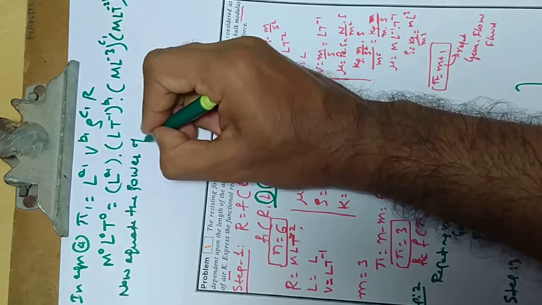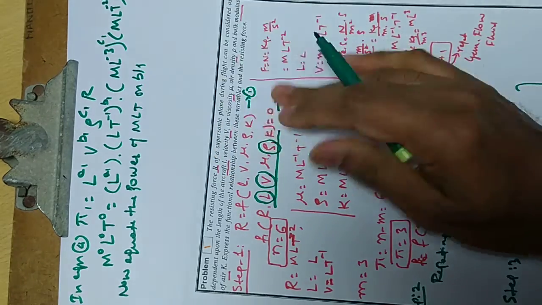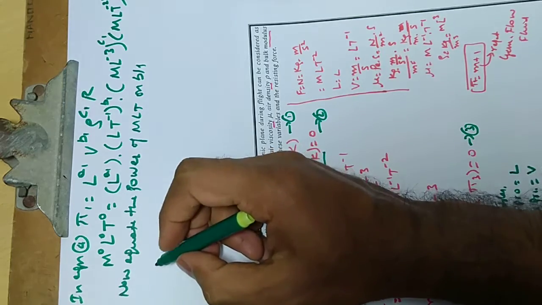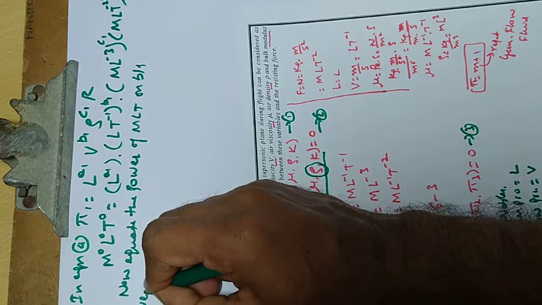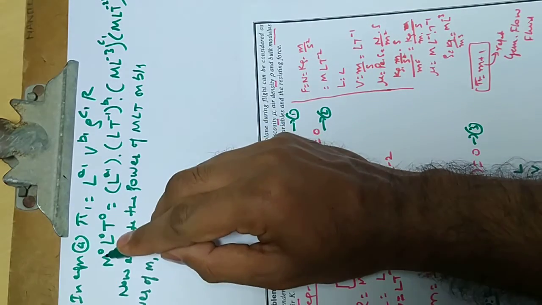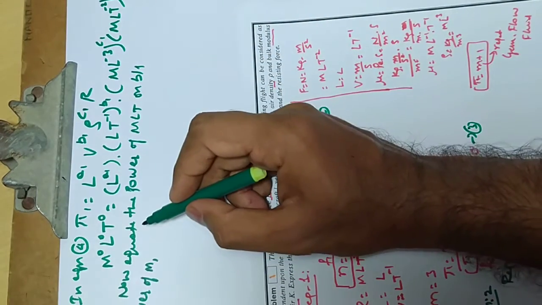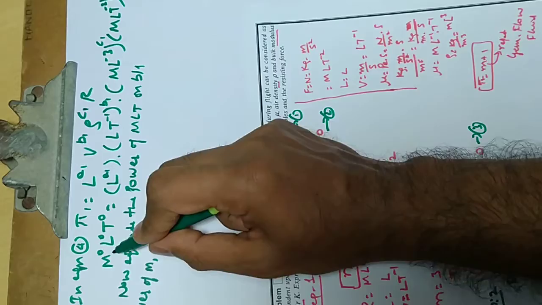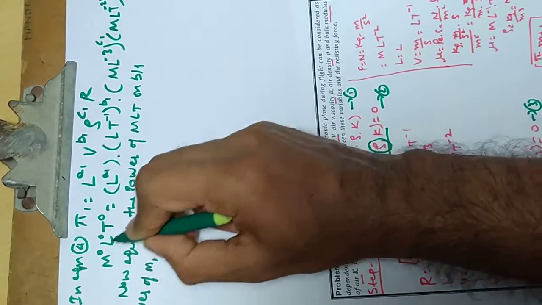Now equate the power of M, L, T on both sides. First, equate the power of M. Equate the power of M in both the left hand side as well as the right hand side. Power of M here is 0, M to the power of 0.